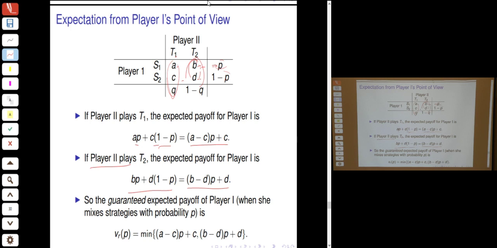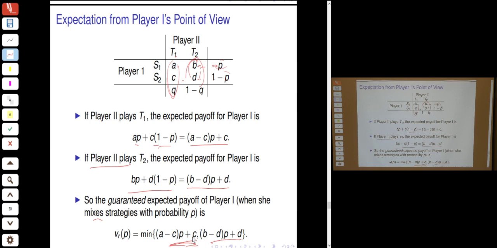The guaranteed expected payoff for player 1 when she mixes strategies with probability P is the minimum of these two. (A minus C) times P plus C is player 1's expected payoff when she mixes with parameter P and player 2 plays strategy 1, and (B minus D) times P plus D is her expected payoff when player 2 plays strategy 2.